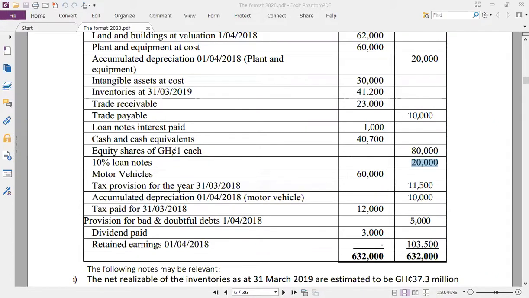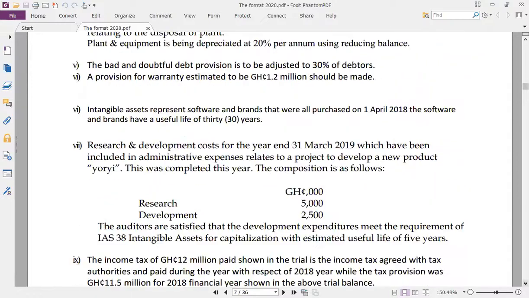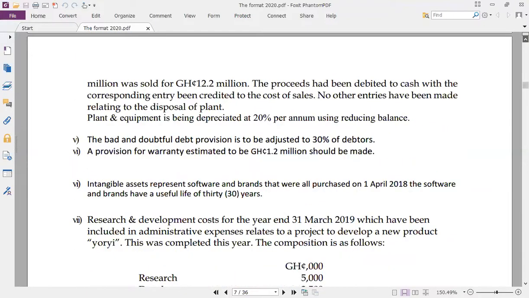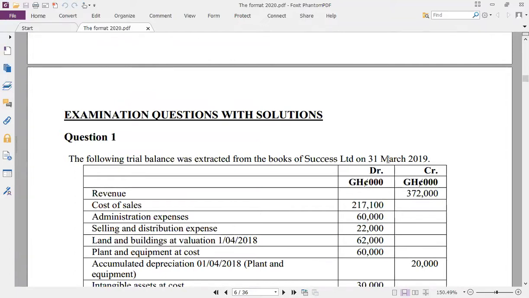And then tax provision for the year. Here we should check the year in question very well. The year in question is 2019. Let's go to the requirement and check the top of the trial balance. The date is 31st March 2019, right?